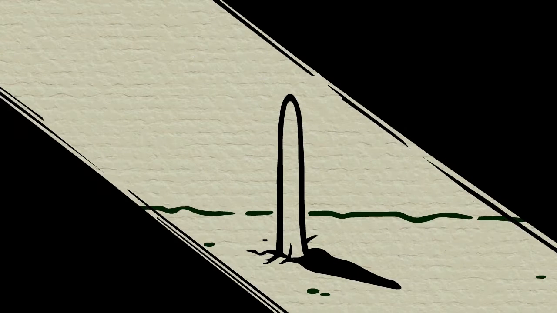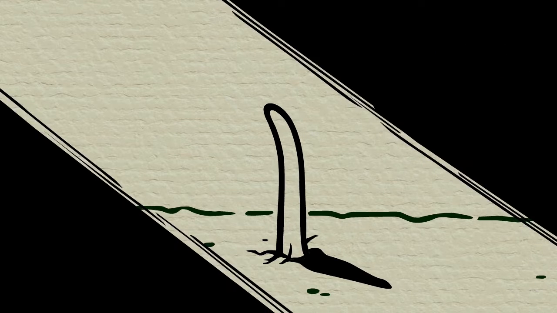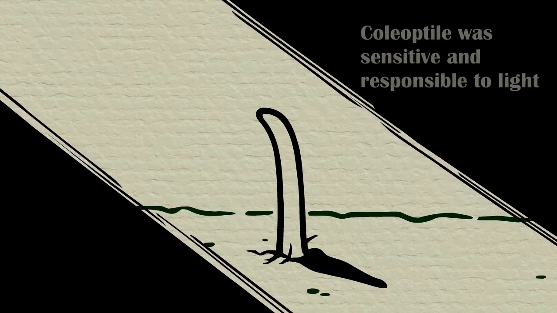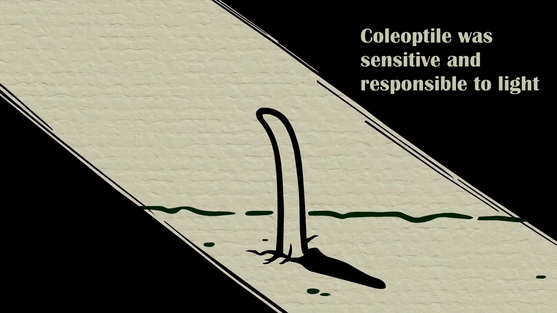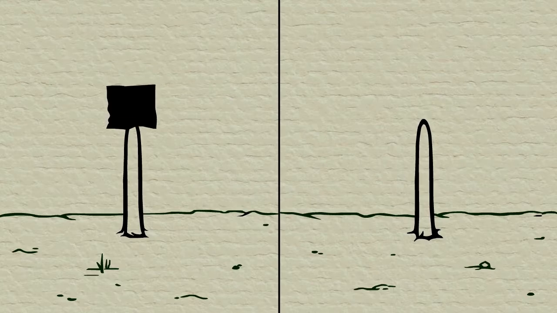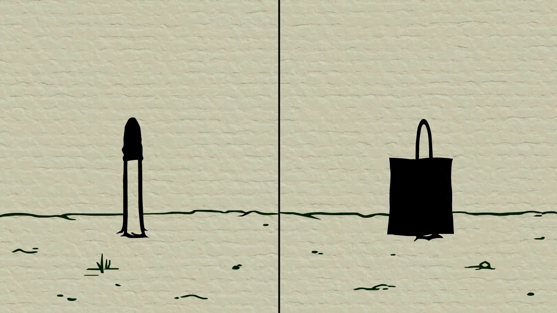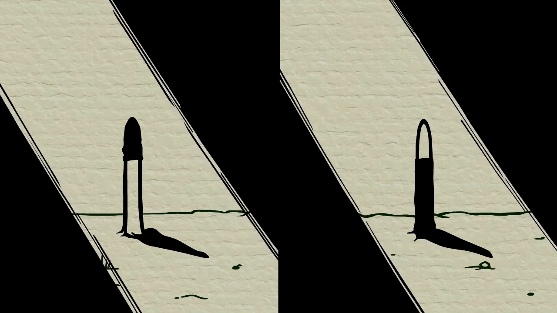What Darwin did was to expose the coleoptile to light coming from one specific direction, which is called unidirectional light. And he found the coleoptile was sensitive and responsive to light. And which part was responsible for that? To answer it, he either covered the tip or the body part of the plant. When treated with unidirectional light, only the one with the body covered bent.